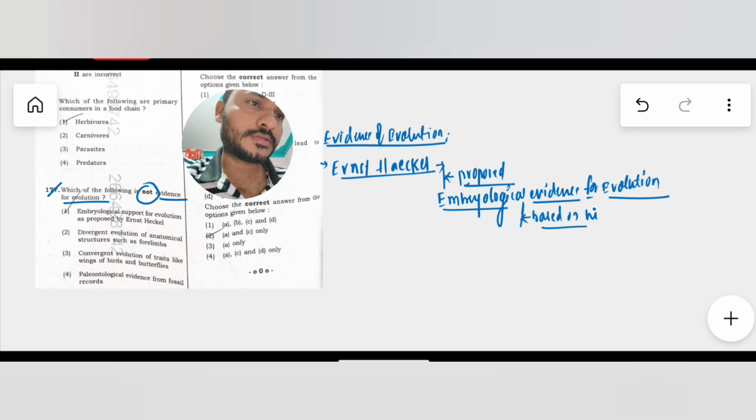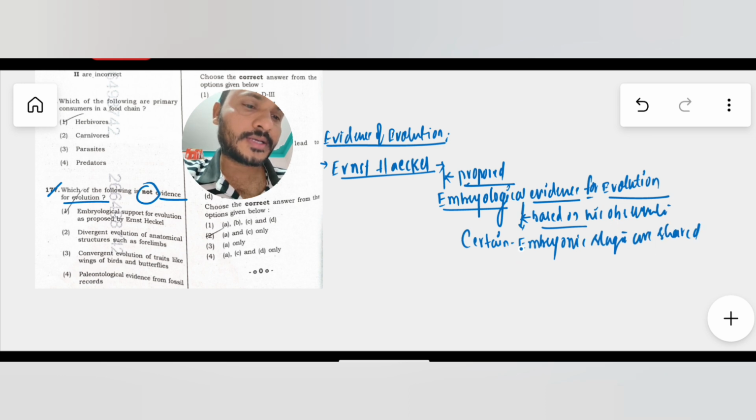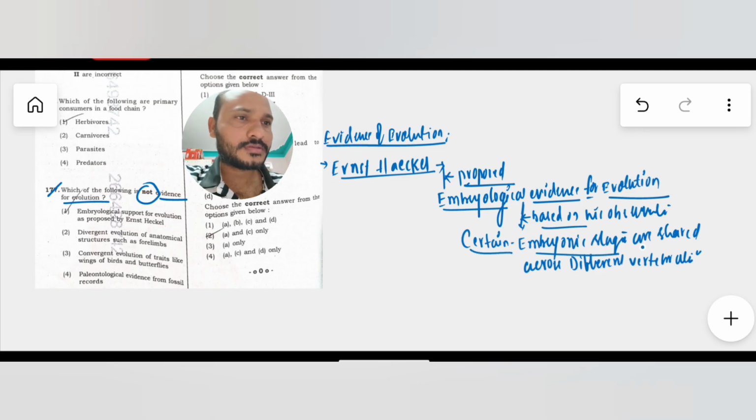He said that certain embryonic stages are shared across different vertebrates.